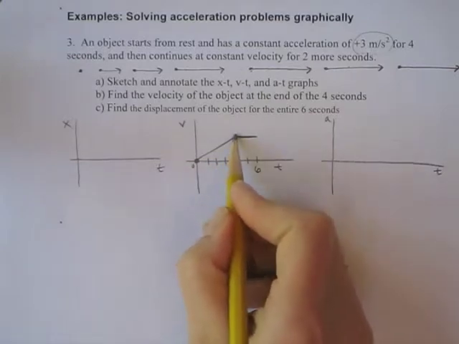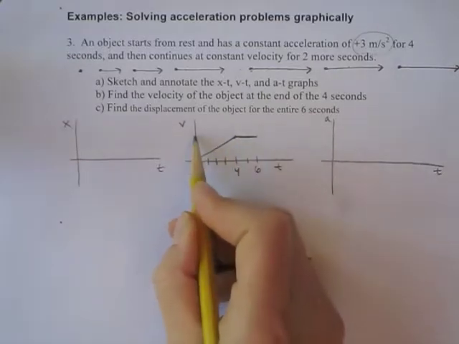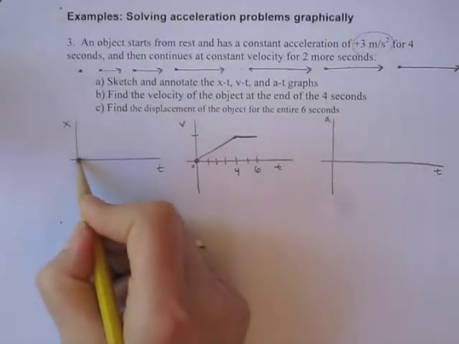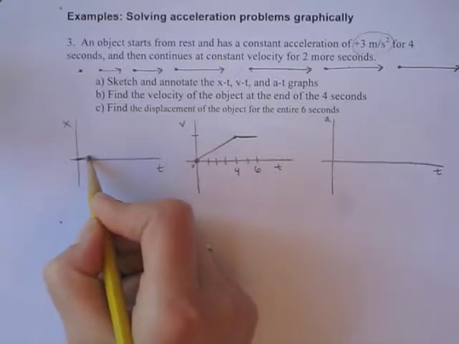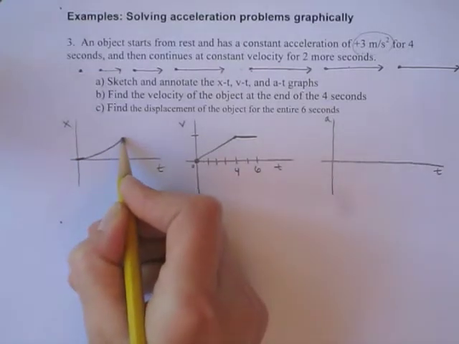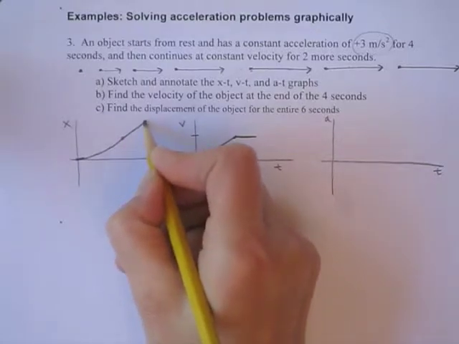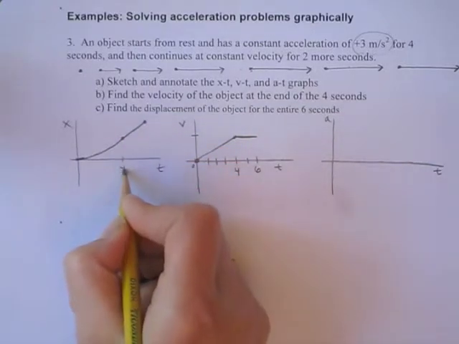So whatever velocity it had at the end of the 4 seconds, it continued at that same velocity. The position time graph then would look like, starting from rest, so horizontal slope, increasing slope, and then at some point it continues with that constant slope, and that was at 4 seconds.